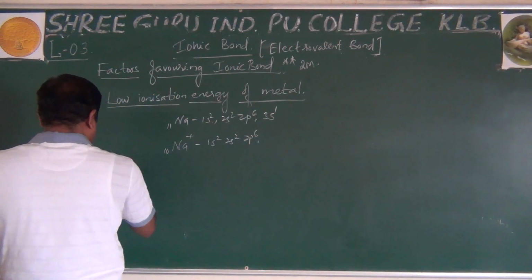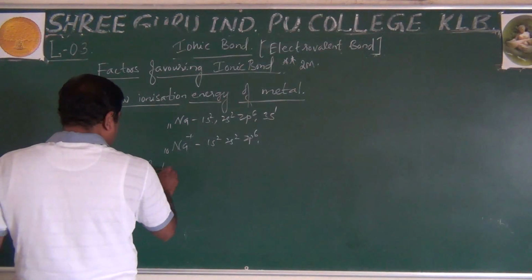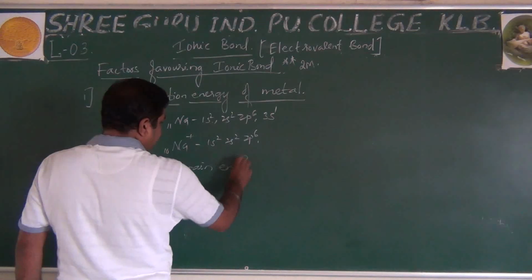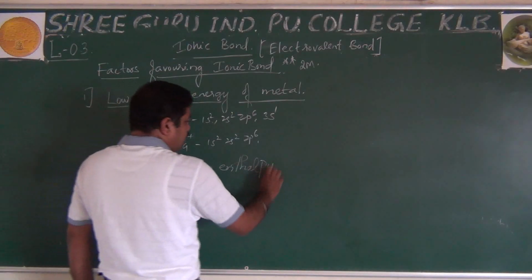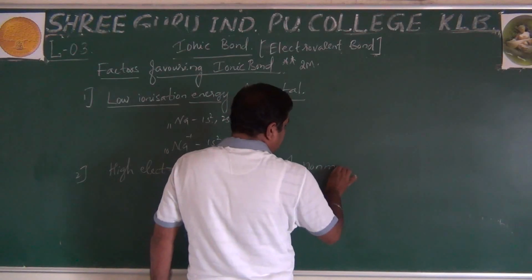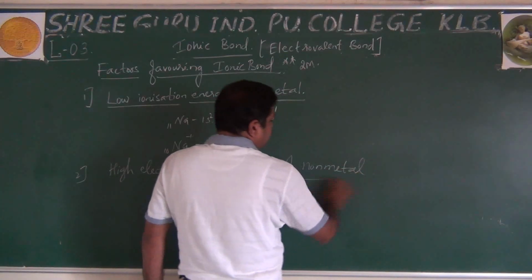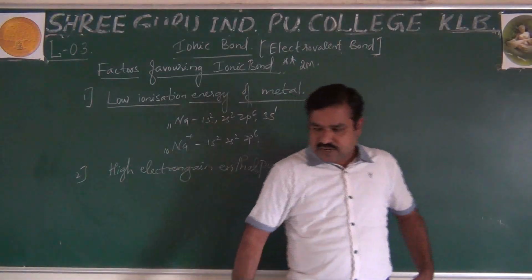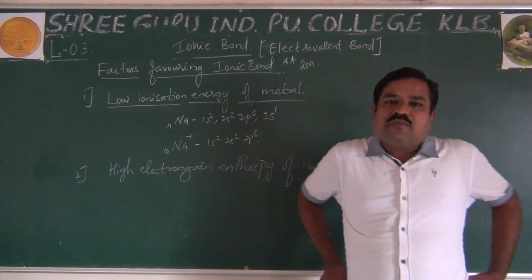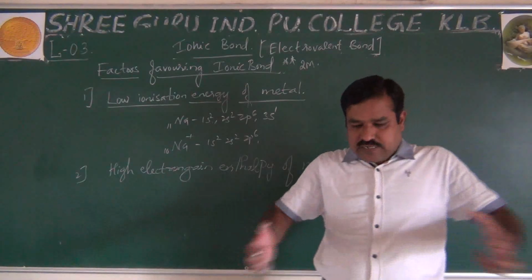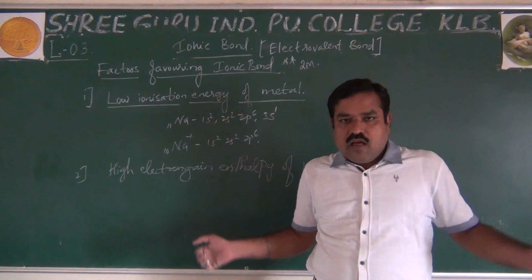Now next, high electron gain enthalpy of non-metal. Non-metals are generally most electronegative. What is electronegativity? It is the capacity of an element to attract the bonded pair of electrons towards itself.